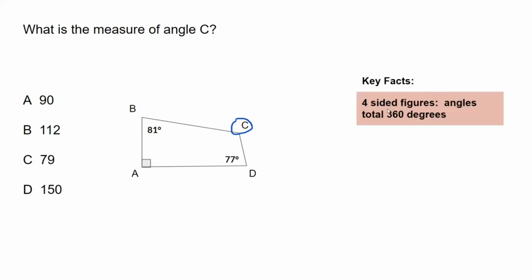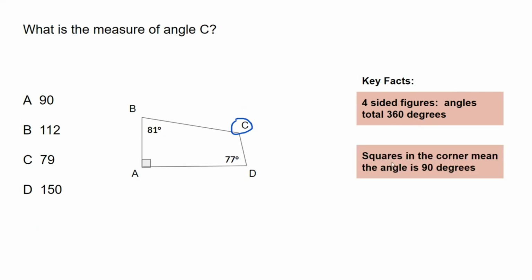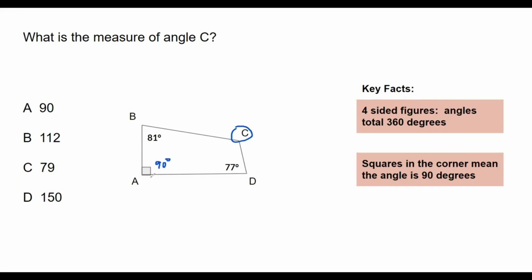The first fact that we're going to use is that four-sided figures, the angles total 360 degrees. But a square in the corner means that the angle is 90 degrees. It's sort of a shortcut notation so that we can communicate that that's 90 degrees. So now you can see that we know three of the four angles.